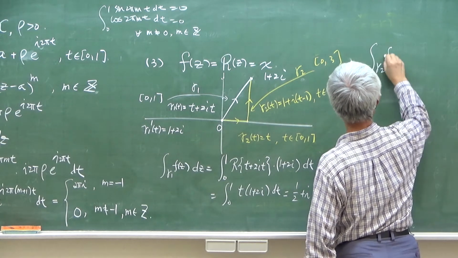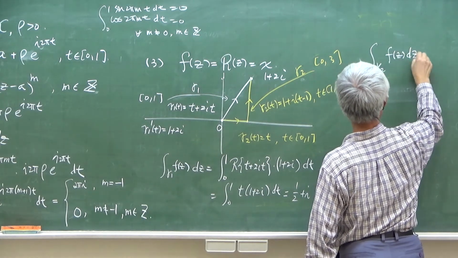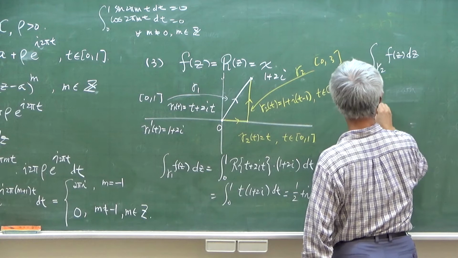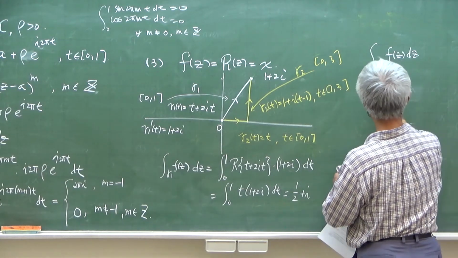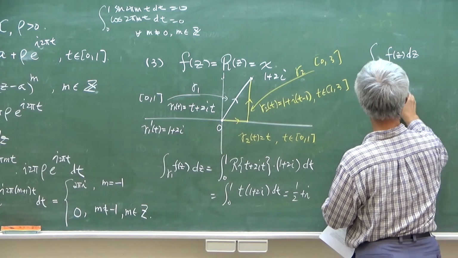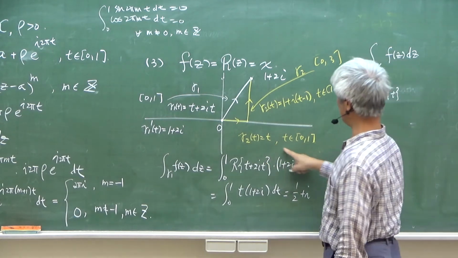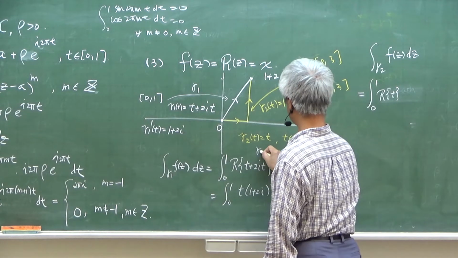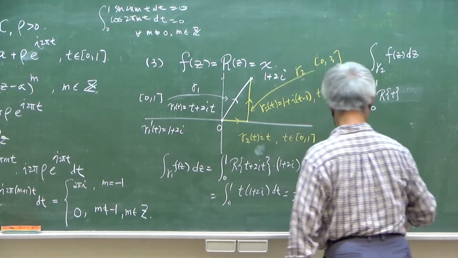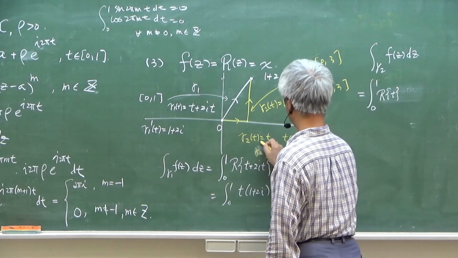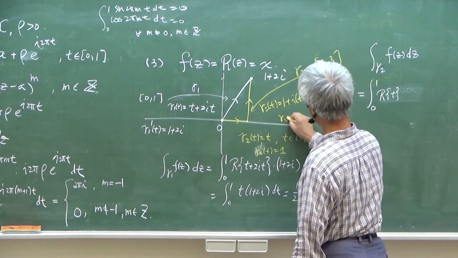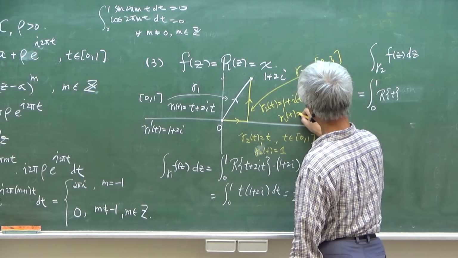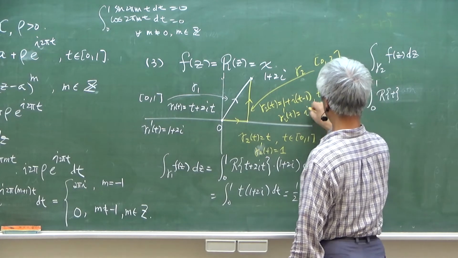Gamma 2. Right? So we just do it with the real part of t. In this branch, gamma 2 prime is equal to 1. But in here, gamma 2 prime is equal to i.